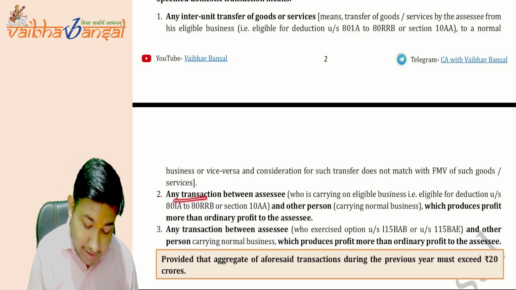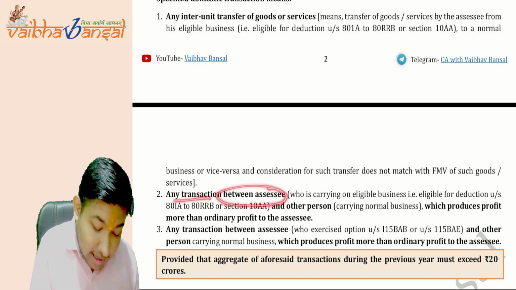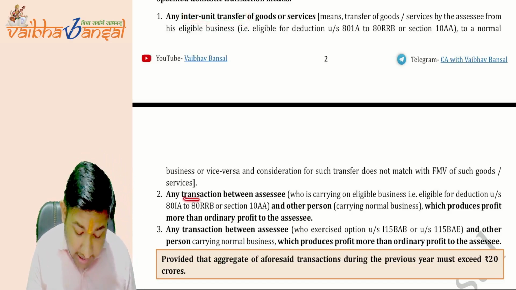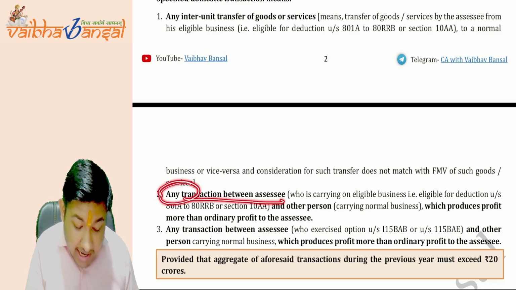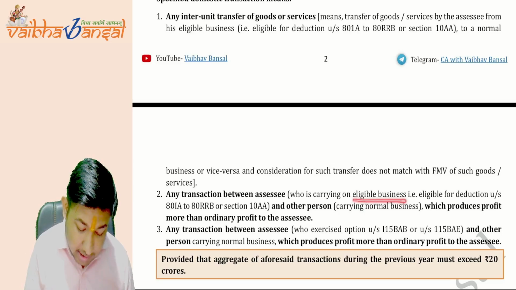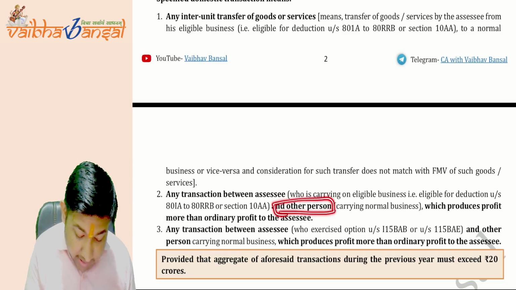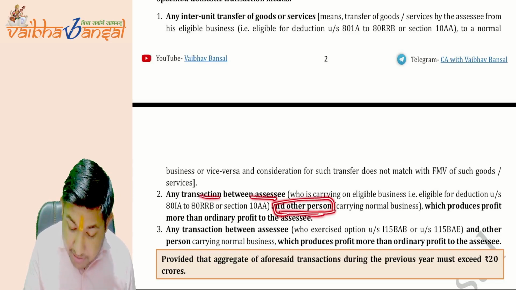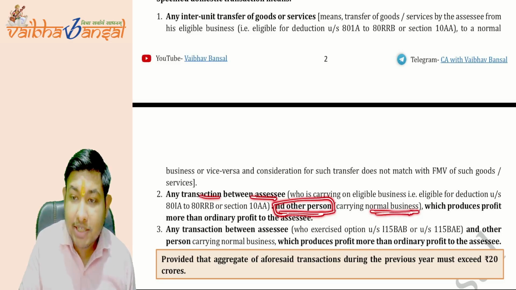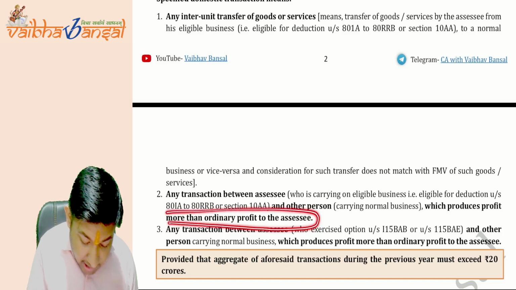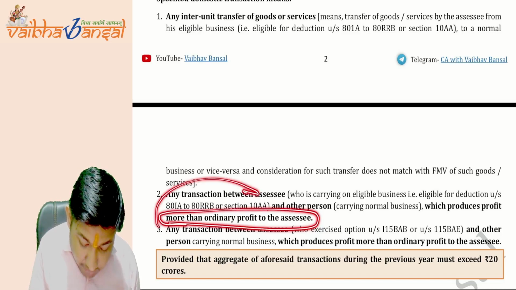Now, any transaction between the assessee. Now here, what is the inter-unit transfer? Now, any transaction, what it says, any transaction between the assessee, who is the eligible business under 80IA to 80RRB or 10AA, and any other person who is carrying on a normal business, which produces more than ordinary profit to the assessee.